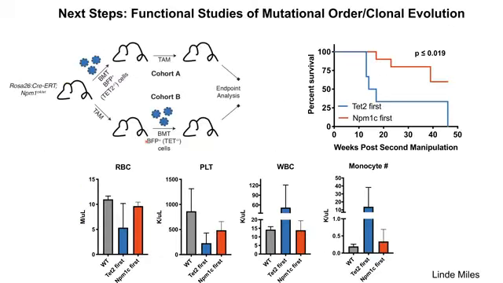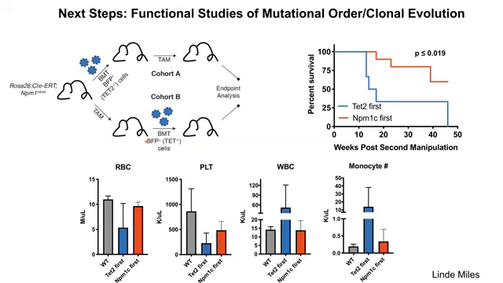But what we're very excited about is to go back to the lab and take this data, which lets us look at order and clonotypes and progression, and model it in the lab. And so one thing Lindy Miles has done, who really pioneered this work, was begin to map order and ask, does order matter in the lab? From all of our data and other data, we know that generally TET2 occurs before NPM1.